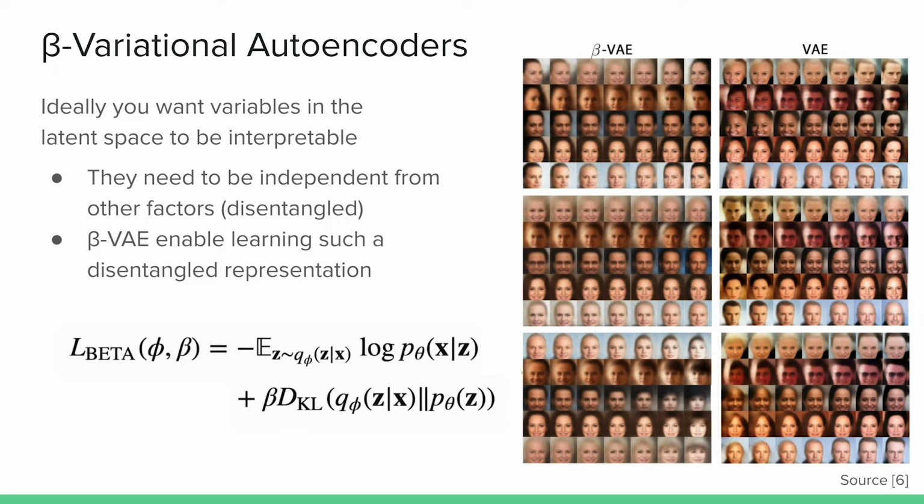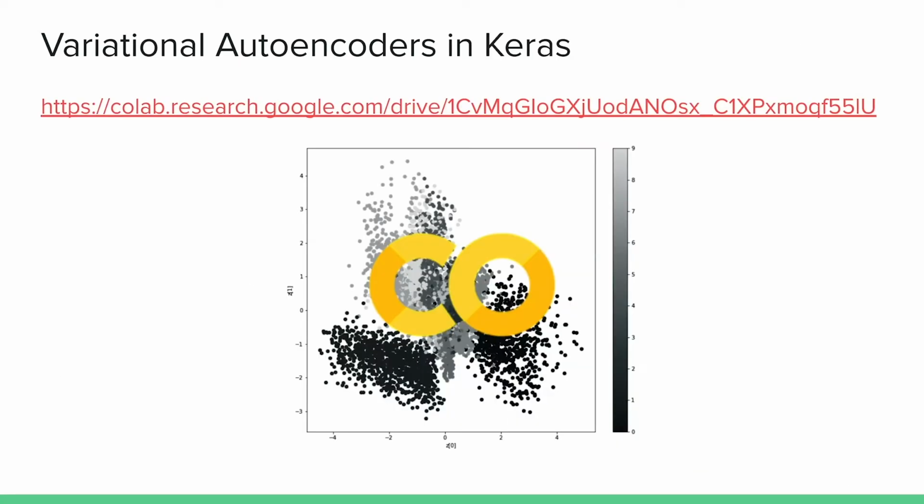Maybe another one would be how much a person smiles, or some other features that we can see here. Changing that one value in our beta variational autoencoder allows us to interpolate and interpret certain variables along the way. Let's take a look at variational autoencoders in Keras.